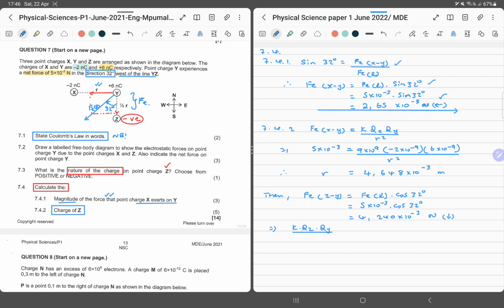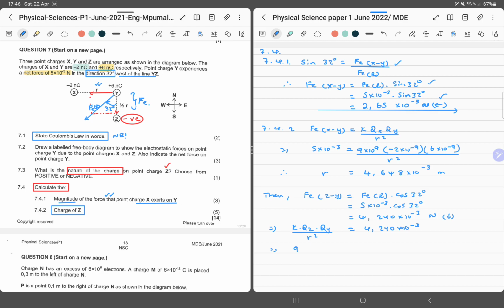Now in this case, let's just write that it is equal to 4.240 times 10 to the minus 3, right? Because that's the value of that electrostatic force, but now we're defining it in terms of Coulomb's law.